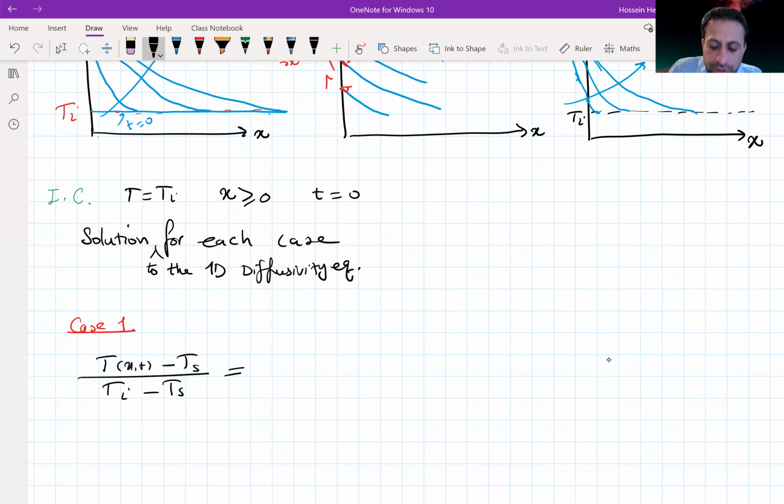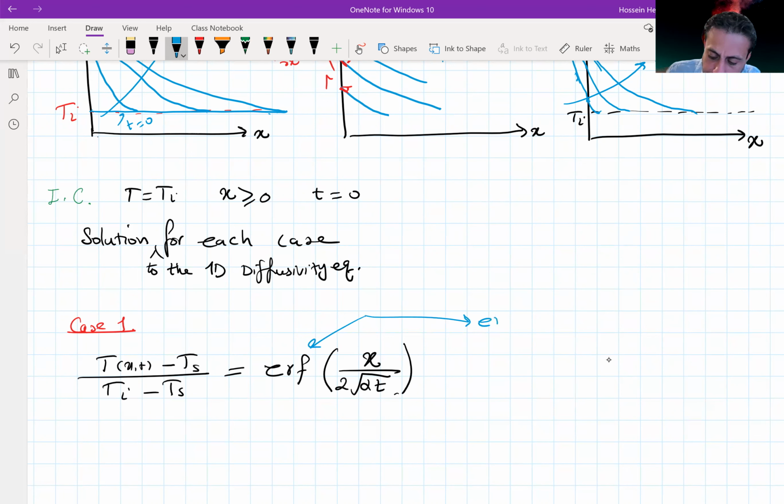The solution here is going to be in the form of a function that we call the error function, x over 2 square root of alpha t. So the solution is a function of x, location, and time, but this one is what we call the error function.